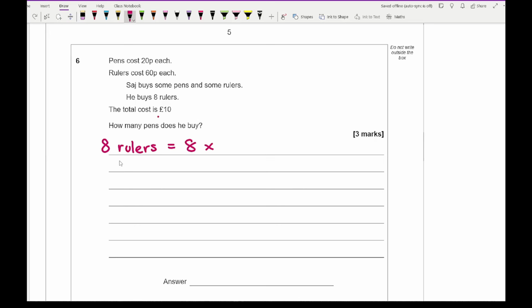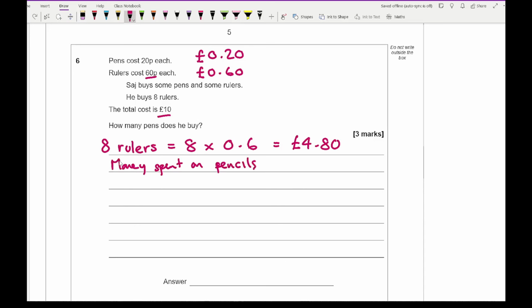Now because our answer is in pounds, we'll convert these units into pounds so we're not getting confused or muddled up in the units. So it's going to be 8 times 0.6, and that comes up to a total of £4.80. Then if we take the money spent on pens, that's going to be 10 minus £4.80, which is £5.20.